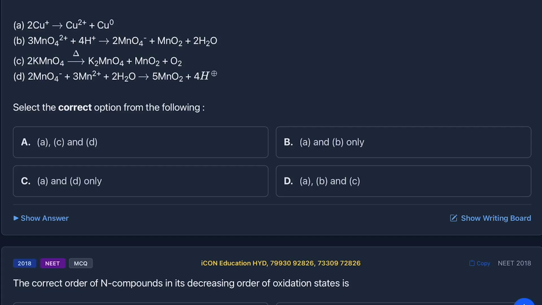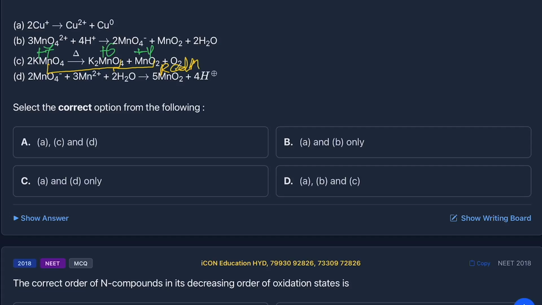Next, if you check option 3, here in 2 KMnO4, manganese is in the +7 oxidation state. Here manganese is getting the +6 oxidation state, and here it will get the +4 oxidation state. So +7 to +6 and +4 means only a decrease in the oxidation state takes place, only reduction.